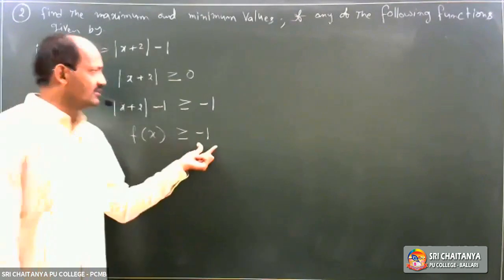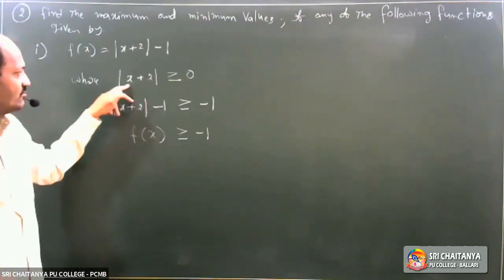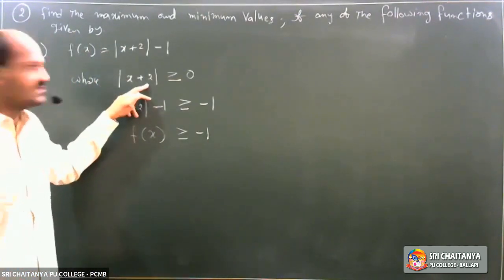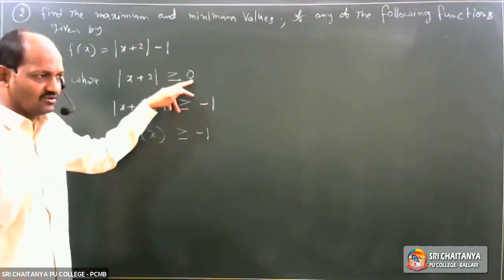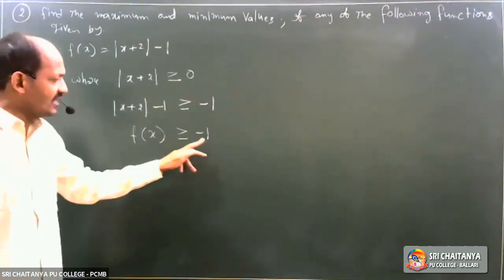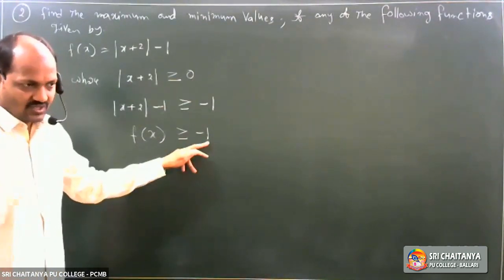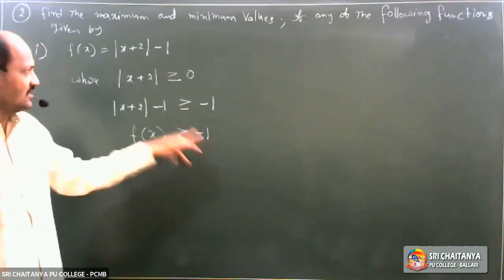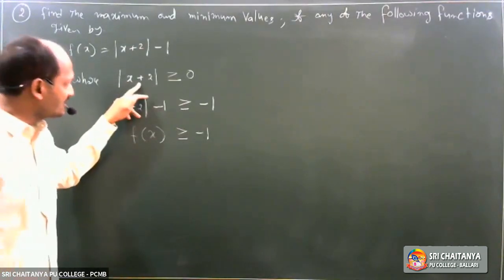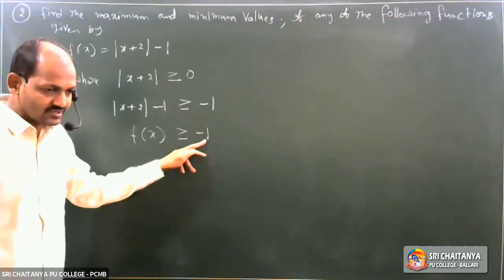It is a minimum at x equal to minus 2, where the modulus is 0. So the minimum value of the given function at x equal to minus 2 is minus 1.